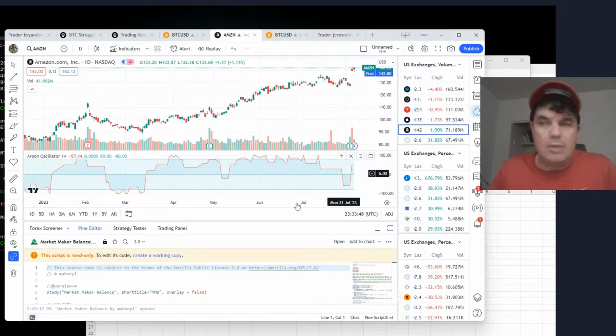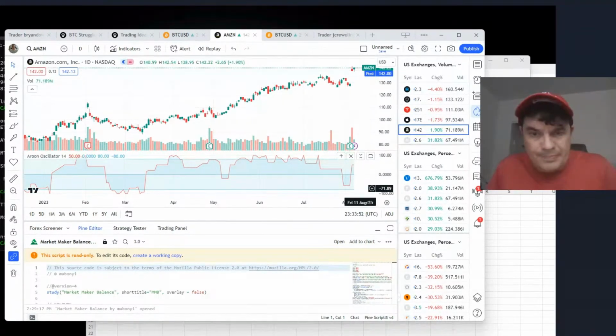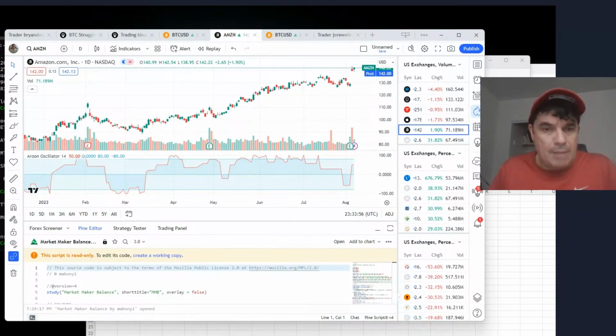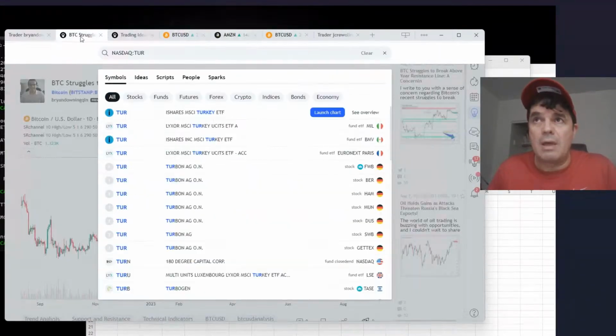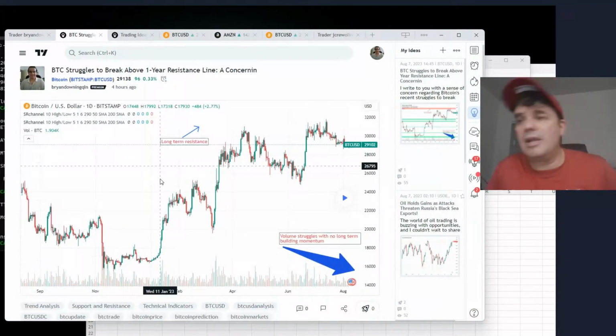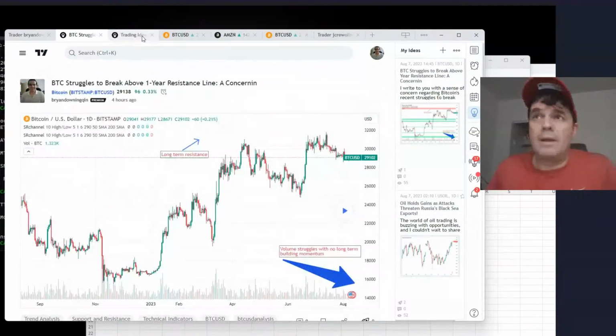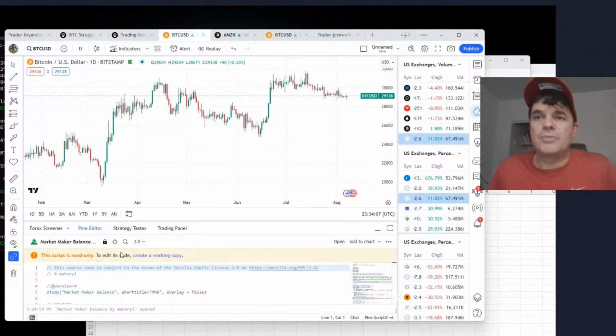So you can definitely do that with Pine Script using something like this for Aroon, just as an example. Okay, so I don't know how many of you guys trade Bitcoin, but this was a very nice indicator I saw. This one right here.